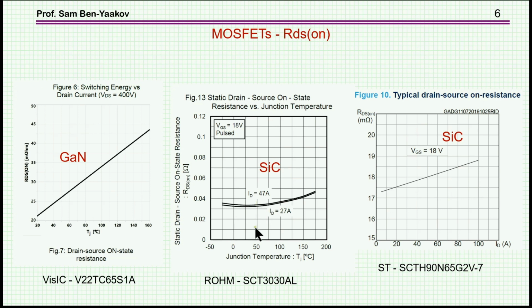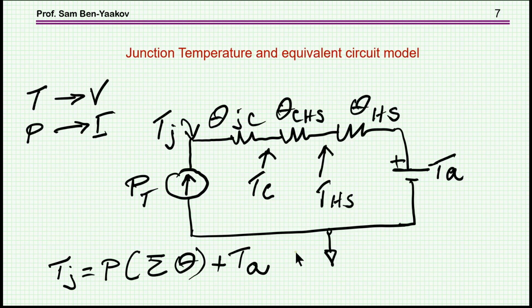But then at higher temperature, it suddenly becomes positive, as we see here. So what is determining the temperature of the junction that will in turn determine the RDS(on)? RDS(on) is a function of the junction temperature.